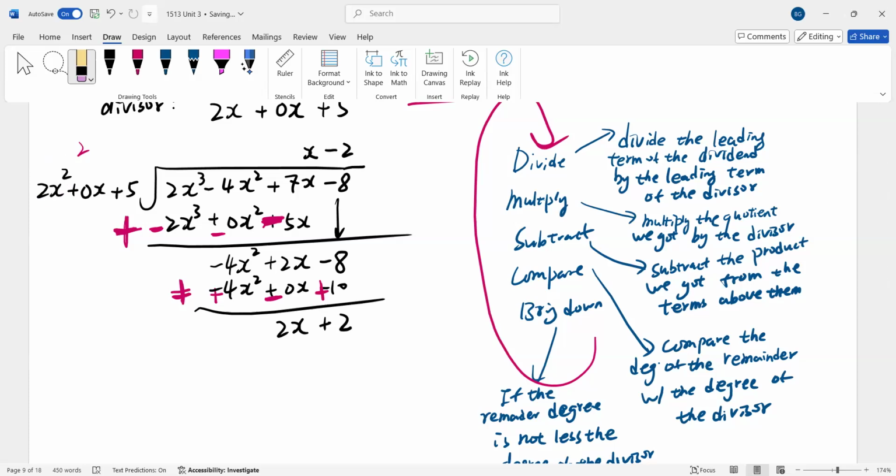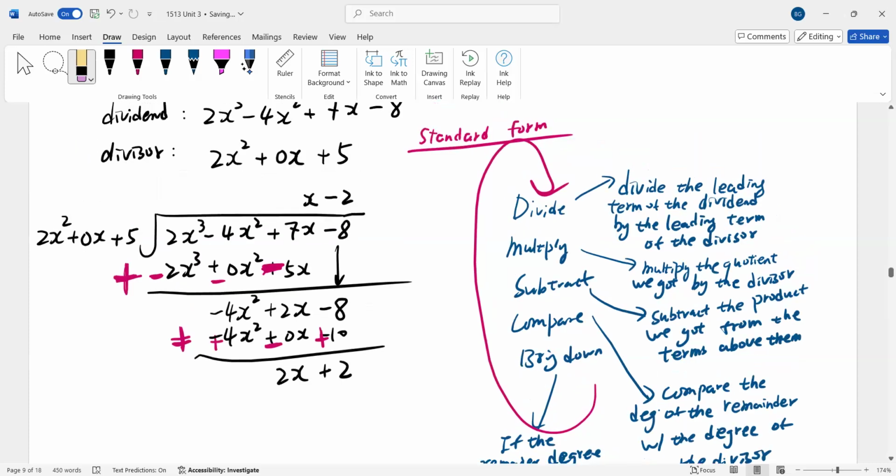Okay, then we can look at this. What do we have here? First, I want to demonstrate how clean and organized the long division process is. All the vertically aligned terms have to be like terms. Like this column, x cubed, right? And this column, degree 2, x squared. And this column, x, 7x, all the terms in this column are x, like terms. And the last column, all those terms are constants.